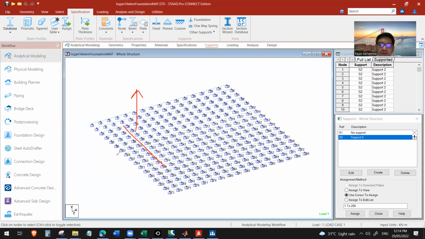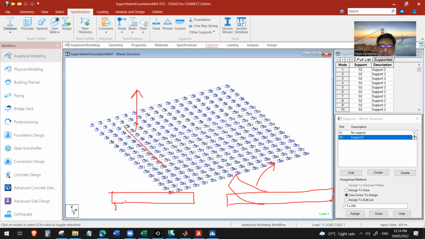Because that is already an advanced analysis. If your footing lifts, let's say this is your plate, it will lift due to an uplift load. Then its stiffness is different compared to a foundation completely resting on the soil. If it is completely resting on the soil, its stiffness is the whole system, the whole structure.